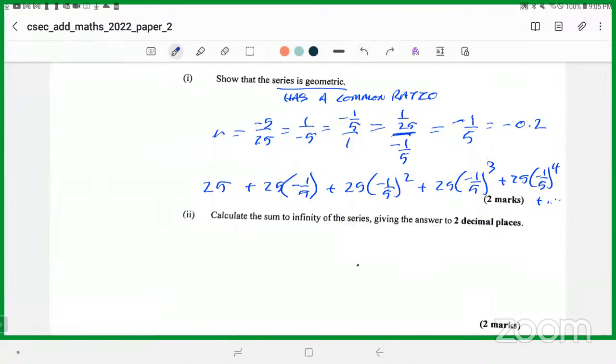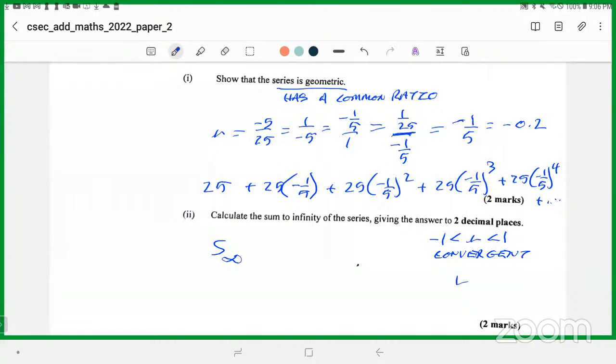So the sum to infinity of a geometric progression is convergent, and remember, it is convergent when your common ratio is less than 1 but greater than -1. It becomes a convergent series, meaning it converges to a sum to infinity when the common ratio is a positive or negative fraction. When we say fraction, we mean a value that is less than 1.